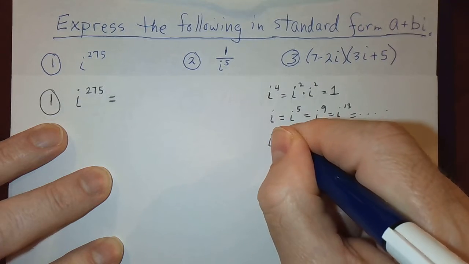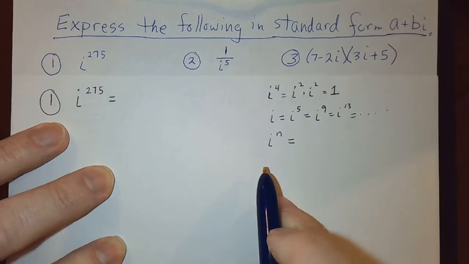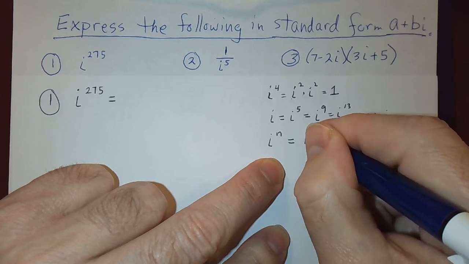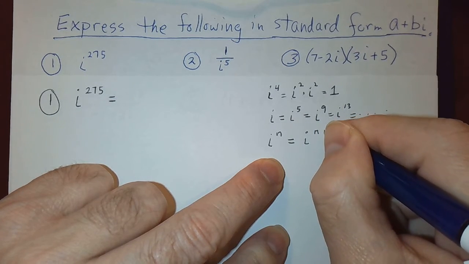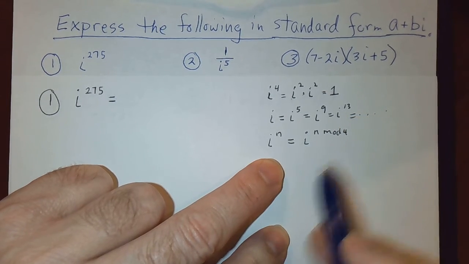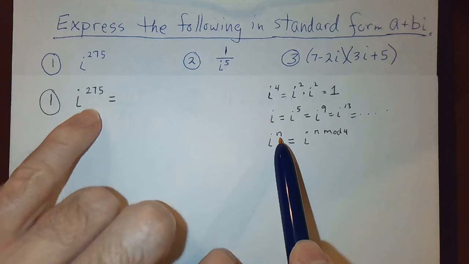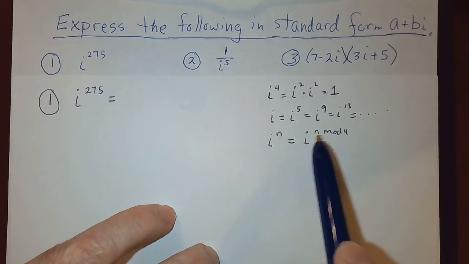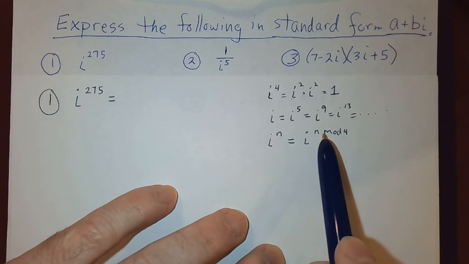i raised to the n power, where n is an integer, is equal to i to the n mod 4. So what that means is whatever this number is, it could be 275. If you just take 275 mod 4, you're going to get a remainder.